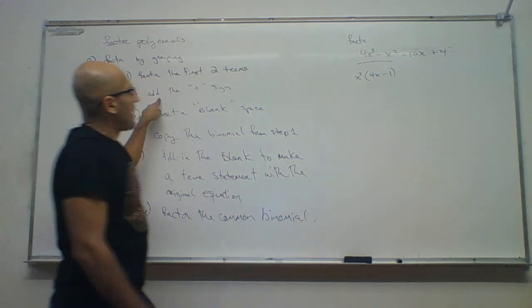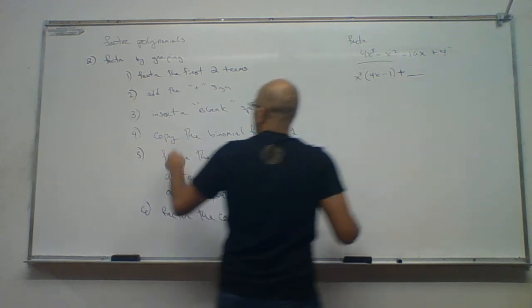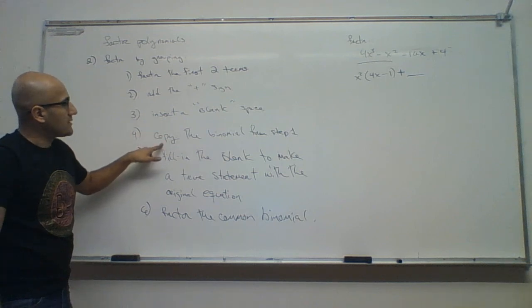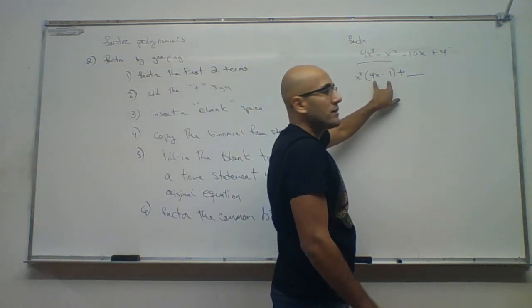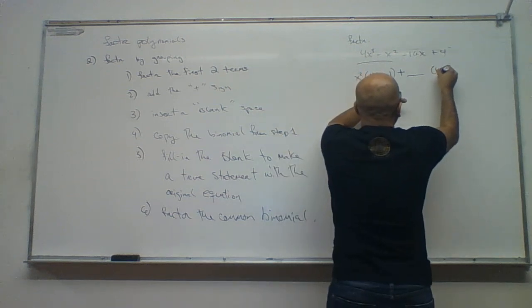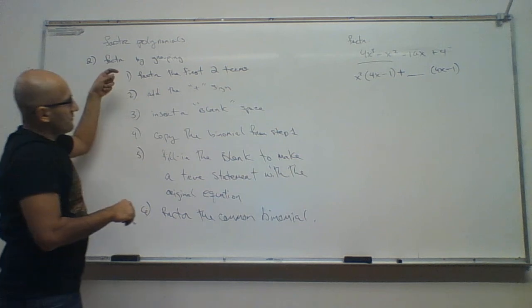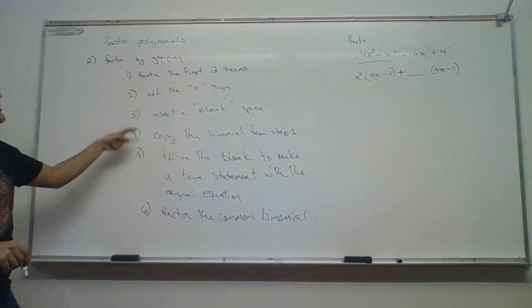Okay, next step, add a plus sign. Always a plus sign. Next step, add a blank. Plus blank. Okay? Next step, copy the binomial you just created in step 1. That's this guy. Copy the binomial, 4x minus 1.